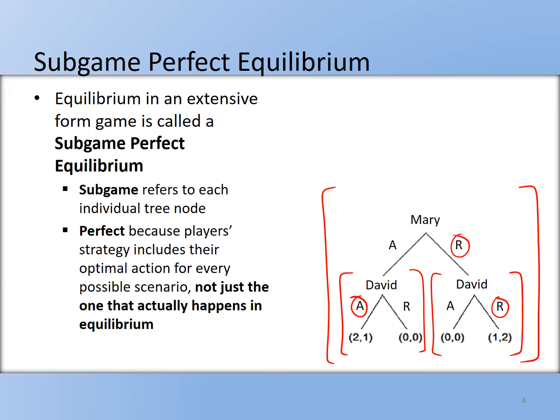So that's perfect, right? What does that rule out? That rules out incredible threats. This is important because it has big consequences. Suppose you allow David to do something weird, right? Let's say David does not need to choose the best possible option given the constraint.